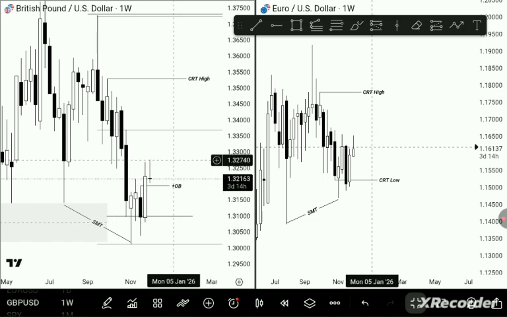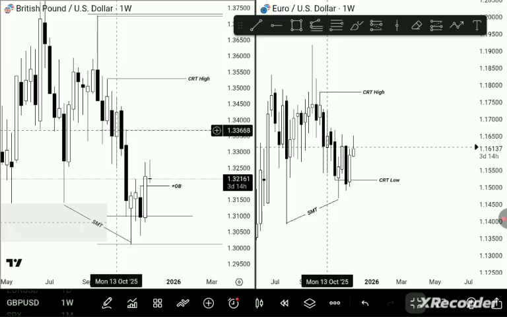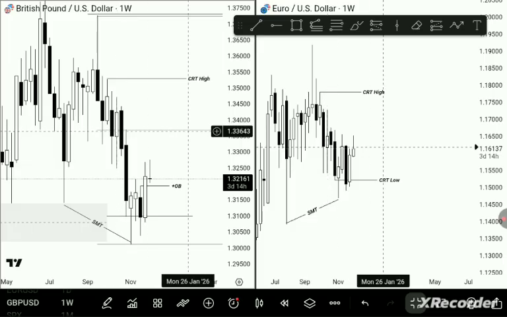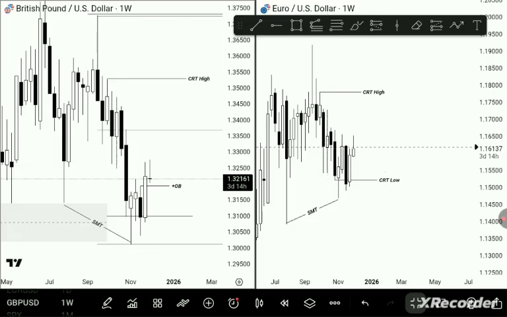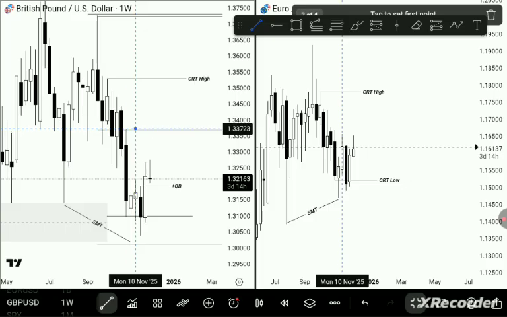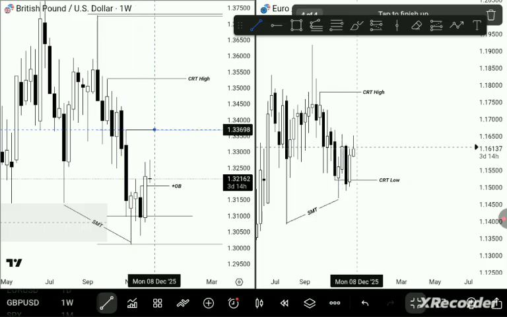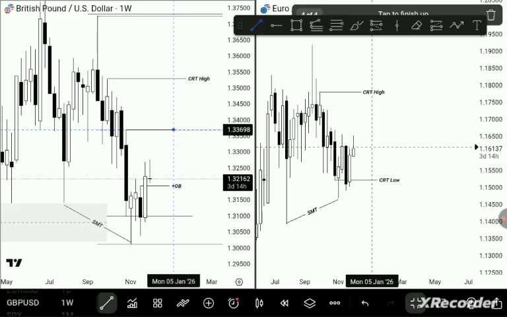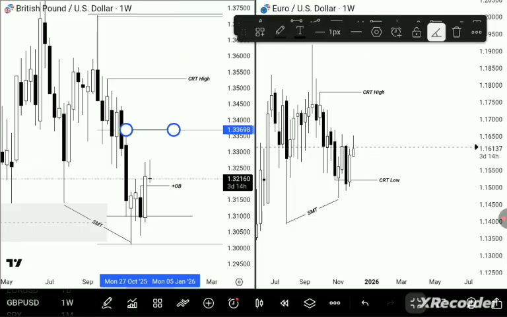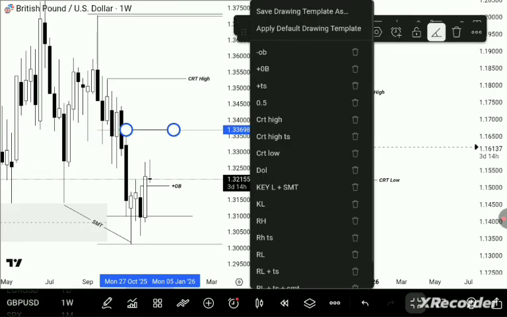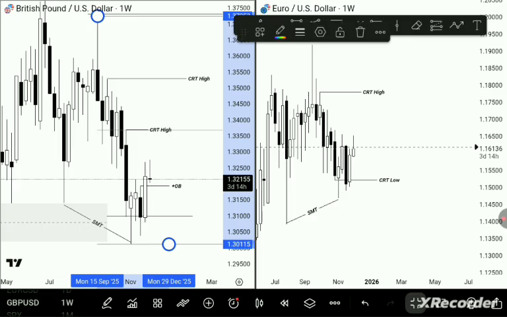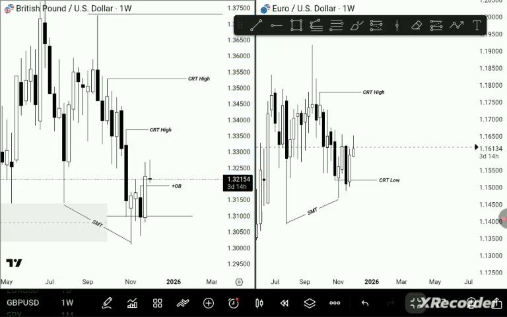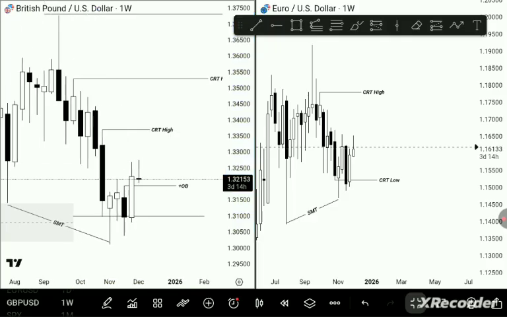So that means this mean threshold of the dealing range acts as a draw of liquidity, right? And surprisingly, exactly at that point, this shows how fractal price is. It's also the candle range high of our weekly CRT, right?